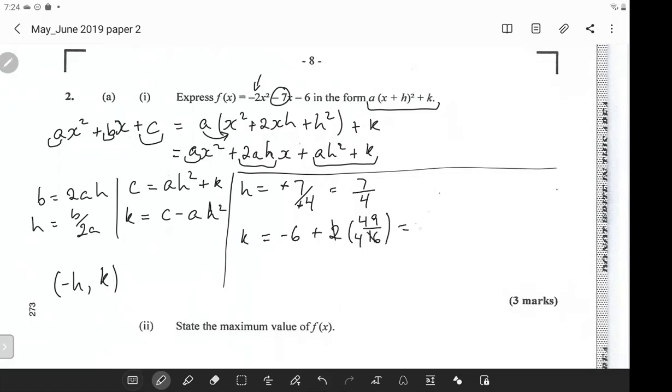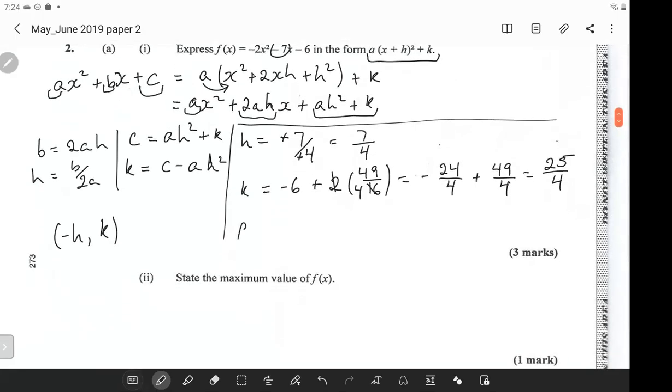Simplifying, we have -6 plus 49/4, and we could write 6 as 24 over 4. When we add these two things, we get 25 over 4. So we have our h and we have our k.